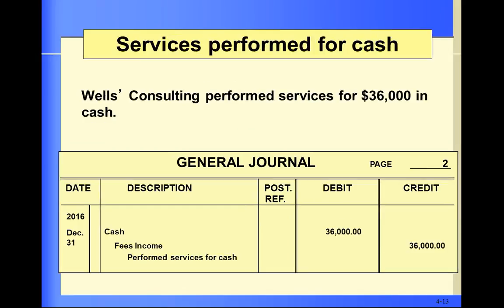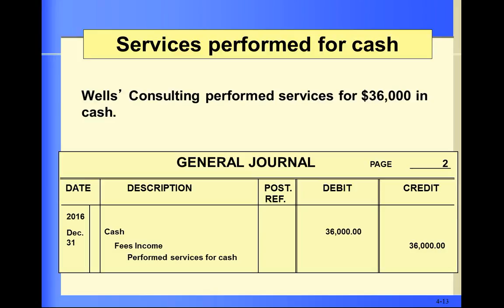In the next transaction, we're going out and doing some work. We've performed services and earned $36,000. We were paid in cash for this particular transaction. So in this case, we're going to increase the balance of our asset account cash by $36,000. Since it's an asset account, we increase that with a debit entry of $36,000.